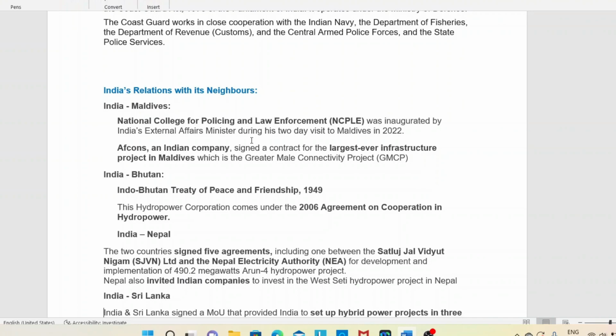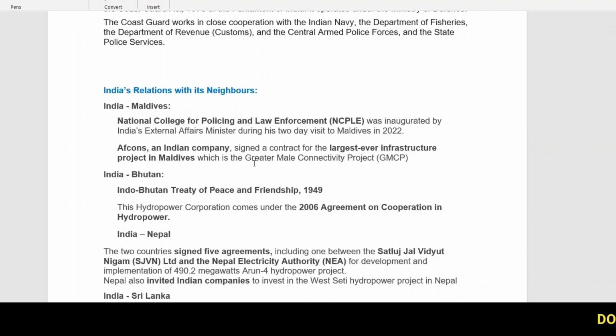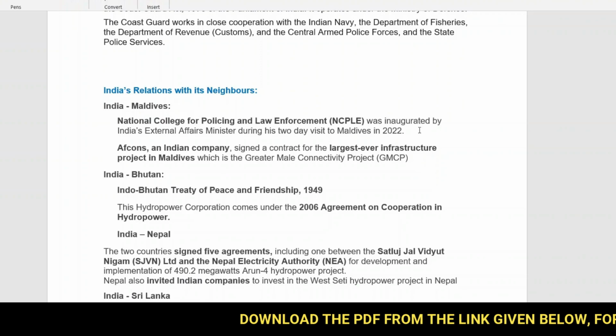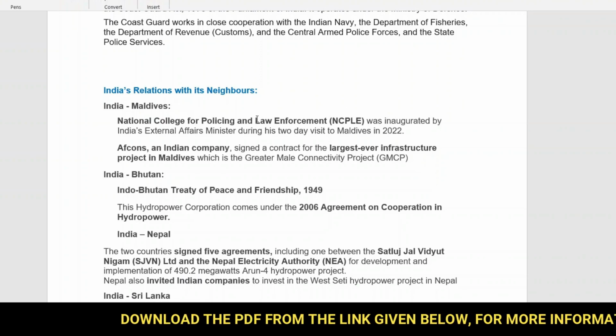An Indian company signed a contract for the largest ever infrastructure project in Maldives. Important point, the new project is the Greater Male Connectivity Project between India and Maldives. This is small information about India and Maldives relations.